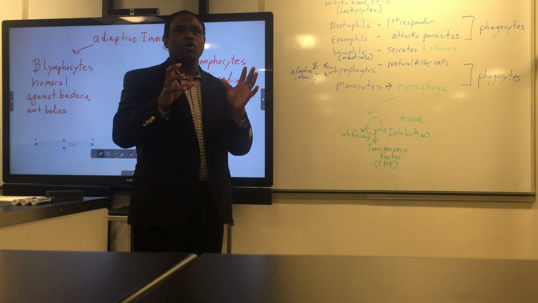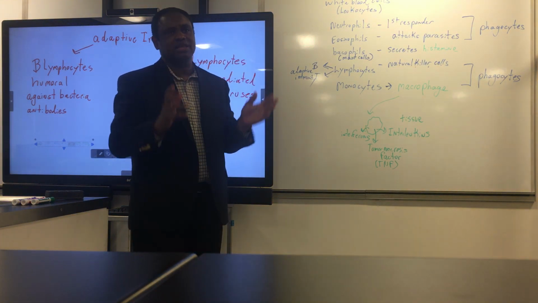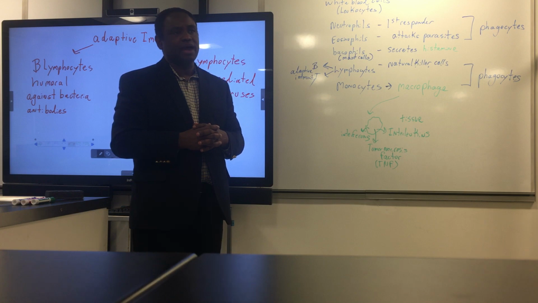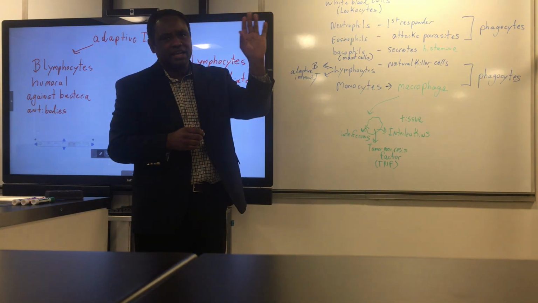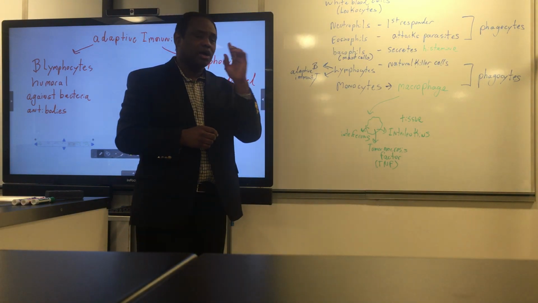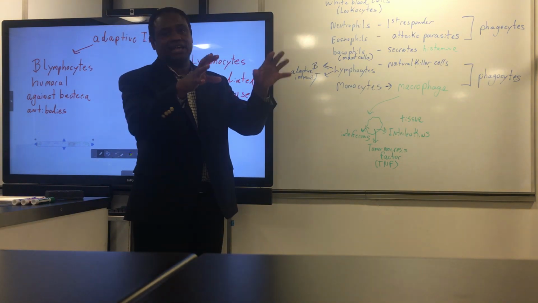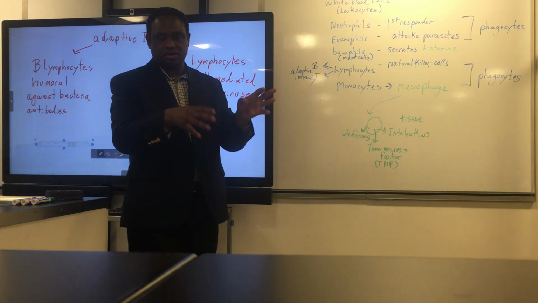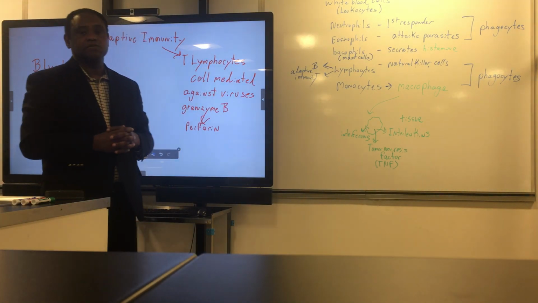It doesn't matter what specific phenotypic traits that invader has, what his ear looks like or his eyes, what color eyes or hair he or she has. It just attacks it because it says it's foreign. That's innate immunity, first and second line defense.